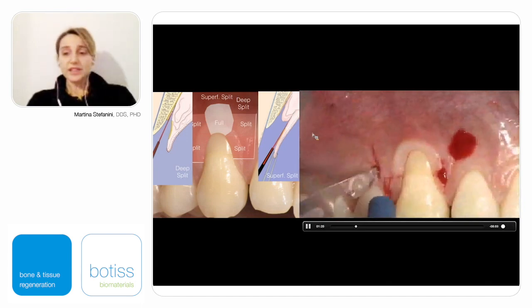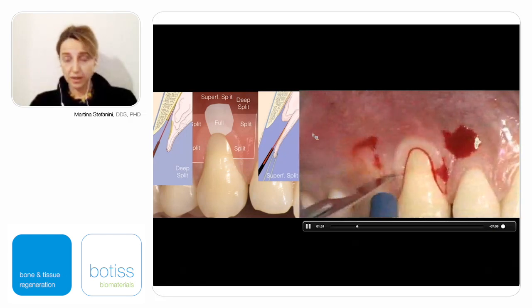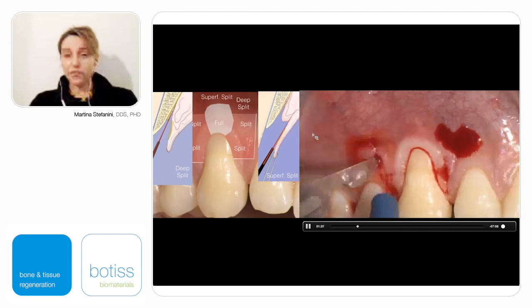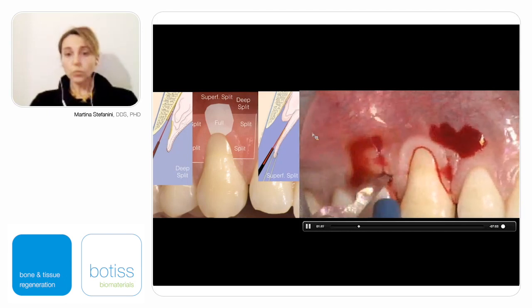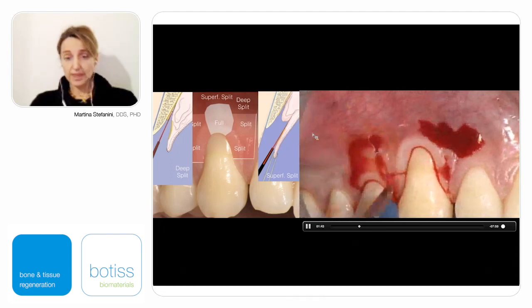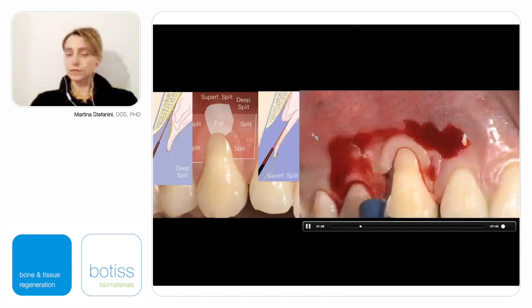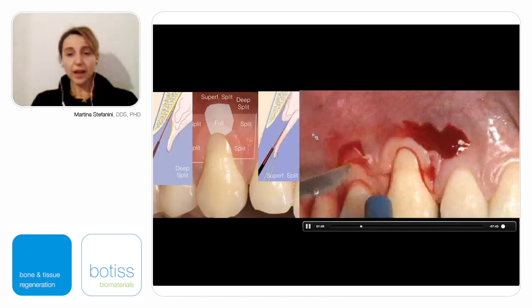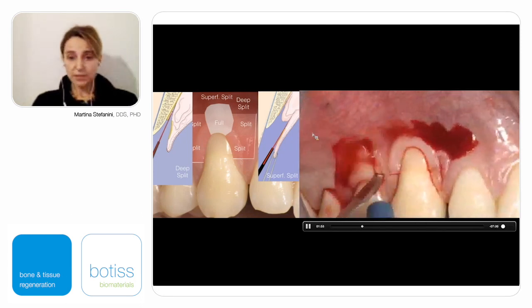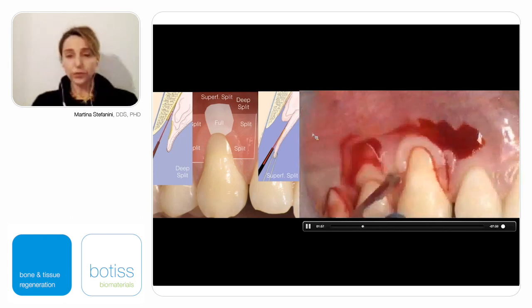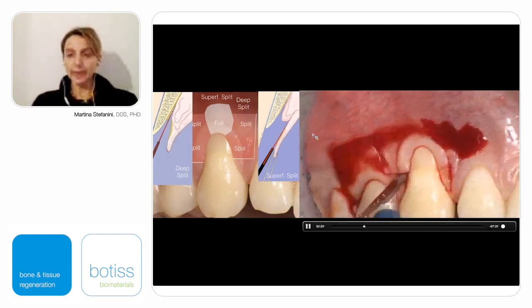And now it's time to elevate the surgical papilla split thickness. I start elevating the tip of the surgical papilla, and once the tip is identified and elevated, the second tip is identified and elevated, and now they can be connected, trying to maintain as much as possible a uniform thickness in the entire body of the surgical papilla.